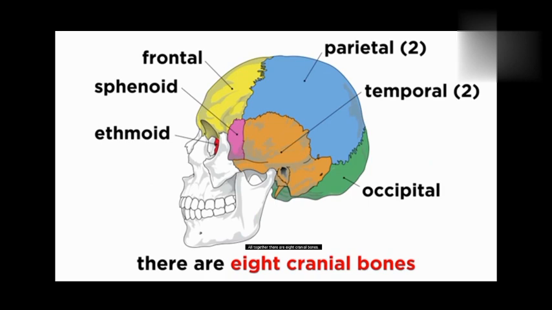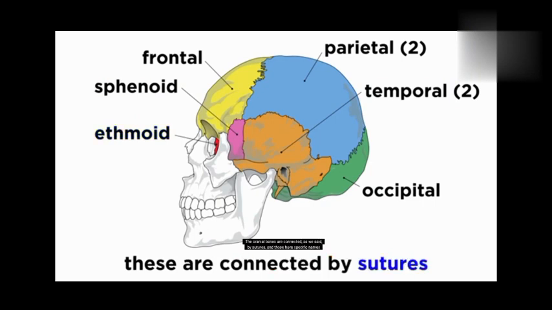Altogether, there are 8 cranial bones. There is the frontal bone, 2 large parietal bones, the occipital bone, 2 temporal bones, the sphenoid bone, and the ethmoid bone. The cranial bones are connected, as we said, by sutures, and those have specific names as well.